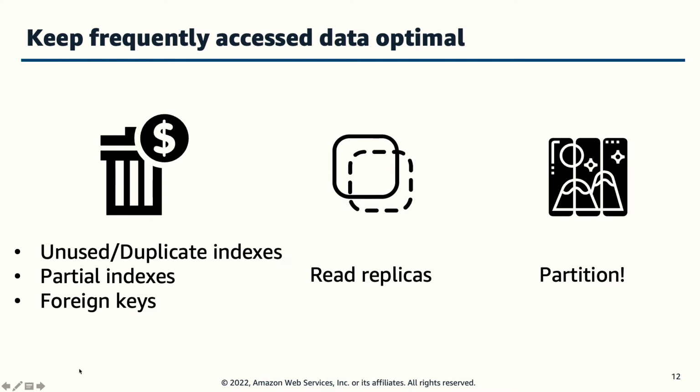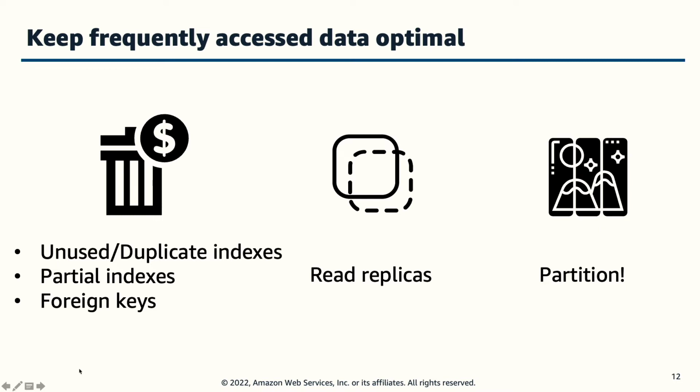So the first one is unused and duplicate indexes. In my opinion, a lot of the time this is low-hanging fruit in your application. If you have a lot of unused indexes that are constantly being updated in your write workload, but you're not using them to serve any reads, you need to drop them.